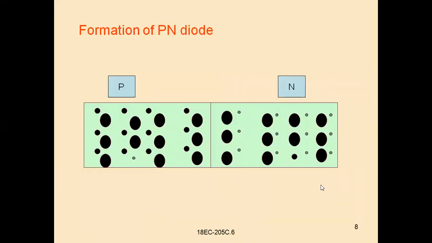Next, let us see the PN diode. Formation of PN diode. It is a P-type semiconductor. It is an N-type semiconductor. So how we can form a PN diode? Whenever this P-type and N-type semiconductor are joined, we can form a PN junction diode.